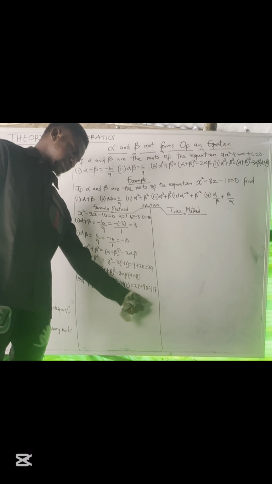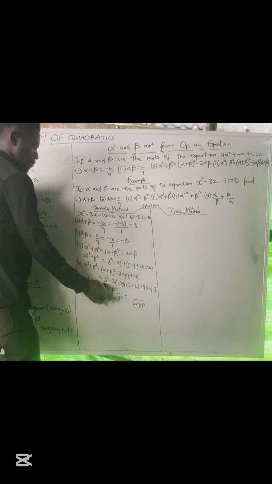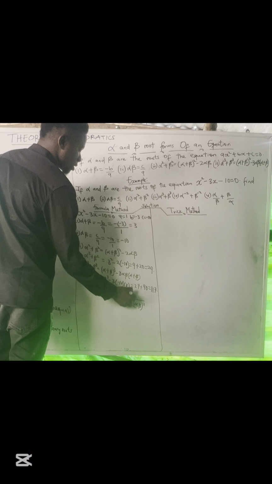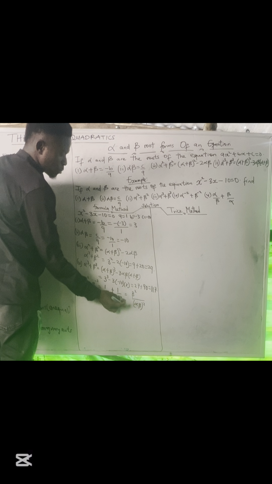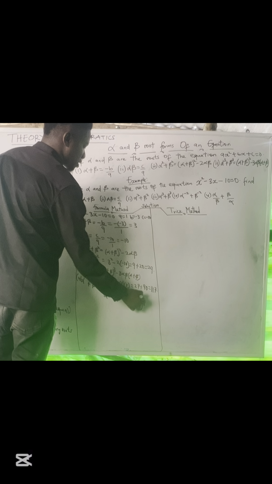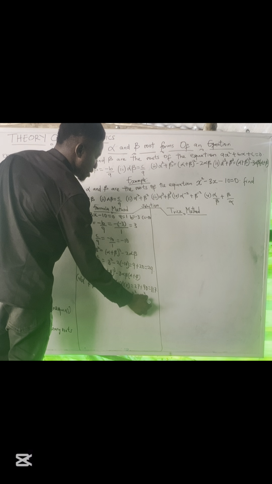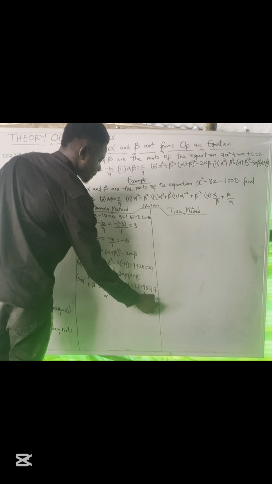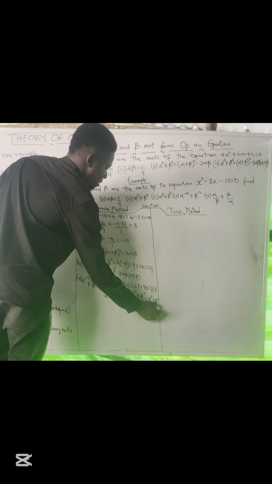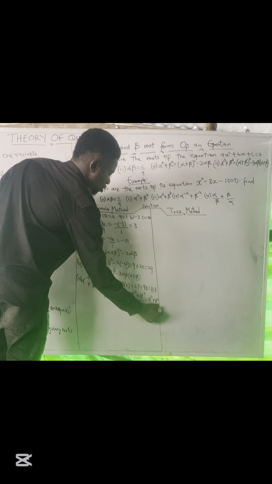If I remove alpha squared from alpha beta all squared, it's going to remain beta squared. And if I remove beta squared from alpha beta all squared, it's going to remain alpha squared. And this can be written as alpha squared plus beta squared all over alpha beta all squared.